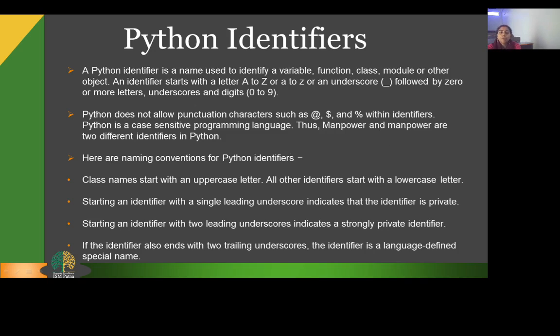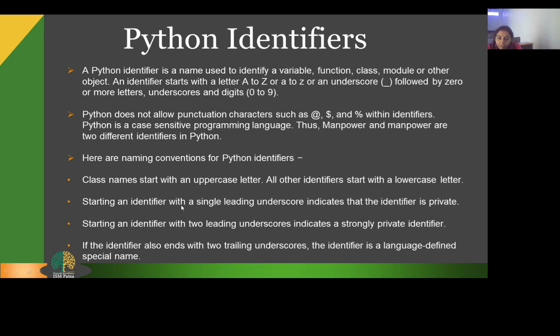There are different rules to define an identifier. These are listed here. For defining a class name, we use an uppercase letter for the first letter. So a class name starts with an uppercase letter. All other identifiers start with a lowercase letter.